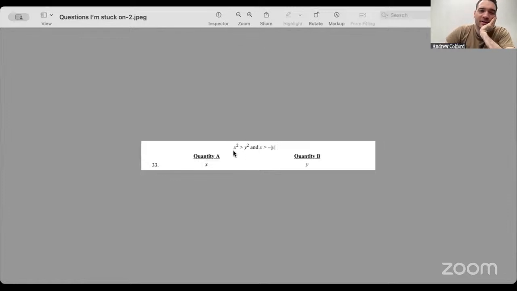As a reminder, and I know S and RH, both of you know this already, but for anyone watching who might not be as familiar with quant comparison, what they give you up here is a given. It's a fact, right? It has to be true. So if we are going to test numbers, the numbers that we test have to fit this constraint. So S, could you give me a value of X and a value of Y that make this true?